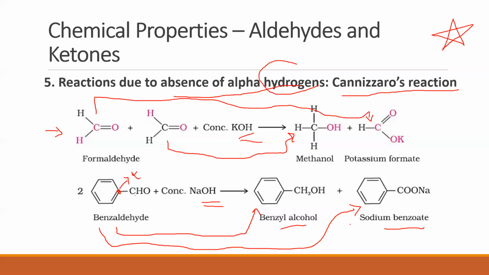Clear? So this reaction is called Cannizzaro. Just like what we studied in the previous reaction, if 2 moles of formaldehyde react with each other, then the reaction is called as self-Cannizzaro reaction. When 2 moles of the same aldehyde react with each other.